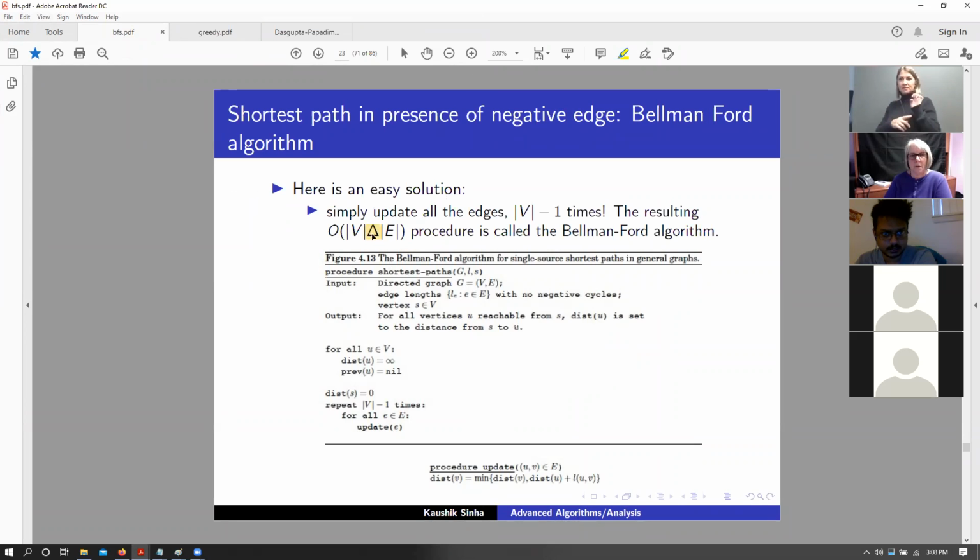That is not delta E. That is times E. Because in the worst case scenario, we are updating every vertex and every edge every time. Right, because you have a nested loop of V and E. So essentially that is V times E. That is not V delta E.